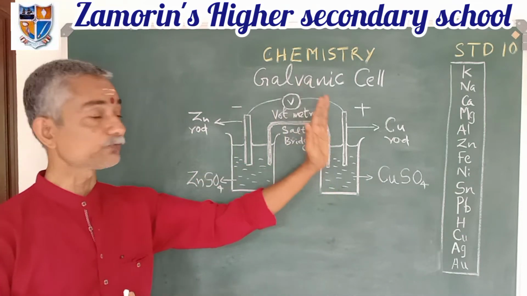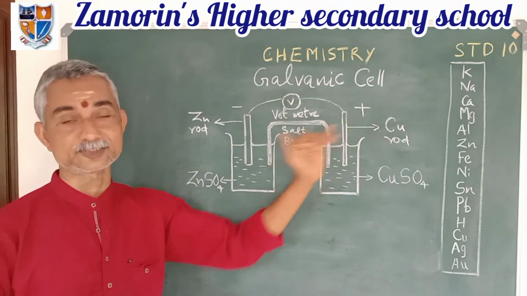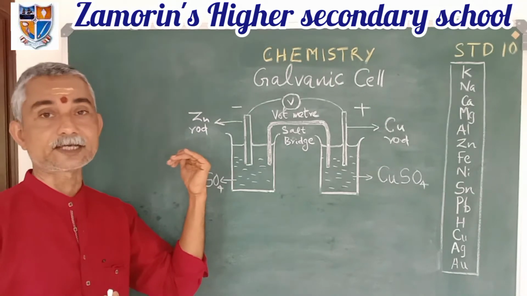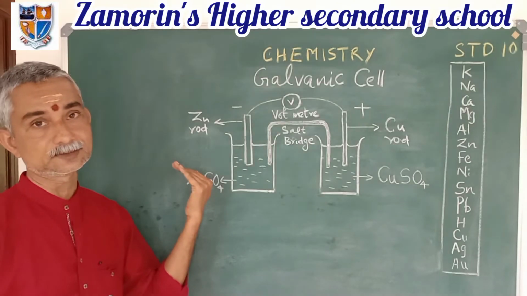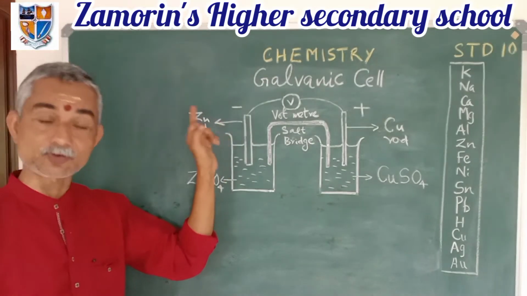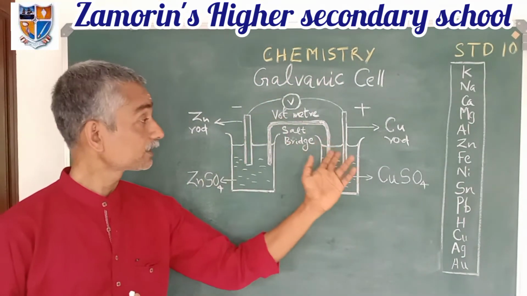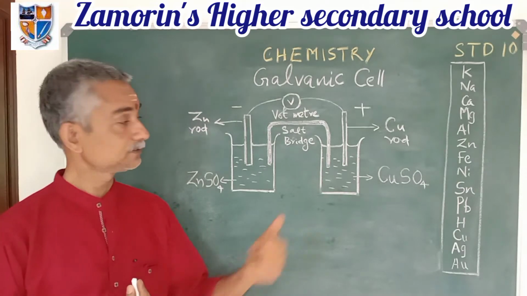So in this way, electron movement is going on. Here on the left side, the zinc rod, oxidation takes place. So a negative sign is formed here, and for the positive side, reduction takes place in this case.